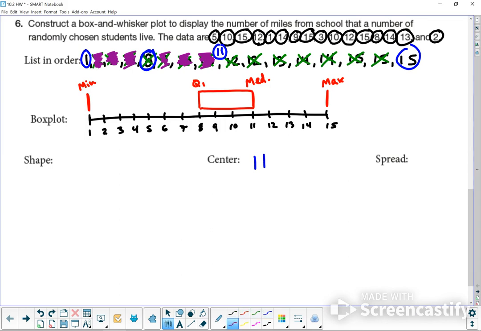Okay. And then between 11 and 15. So we're looking at between here and here. Okay. So I'm going to cross off 12 and 15. That's 1 pair. 12 and 15. That's 2 pairs. 13 and 14.